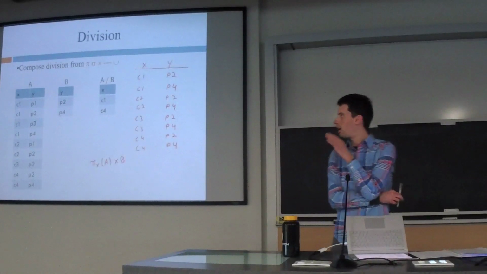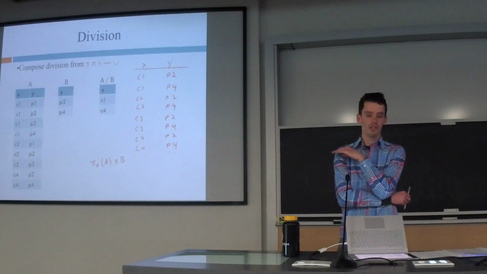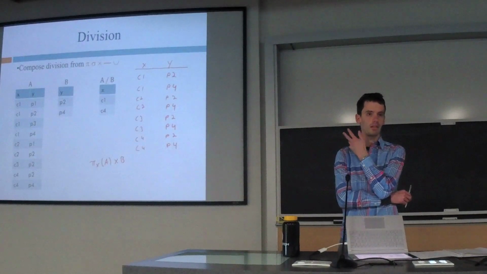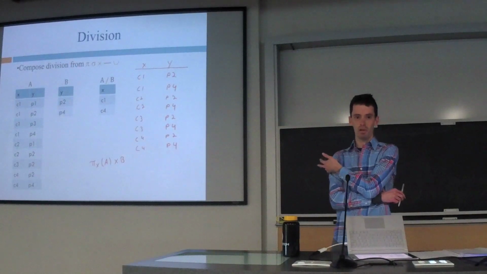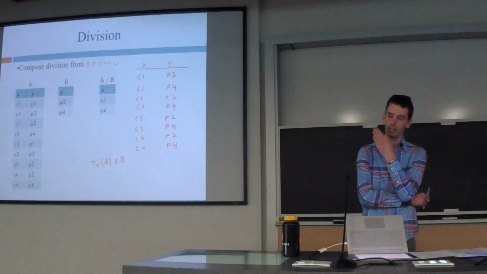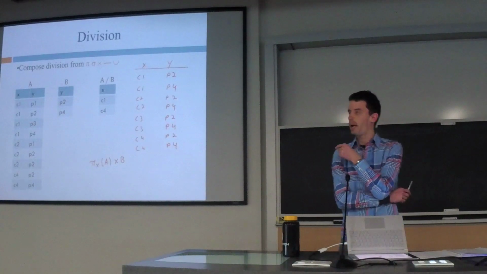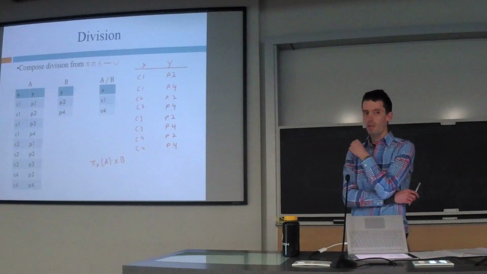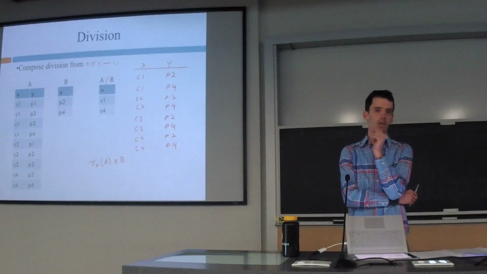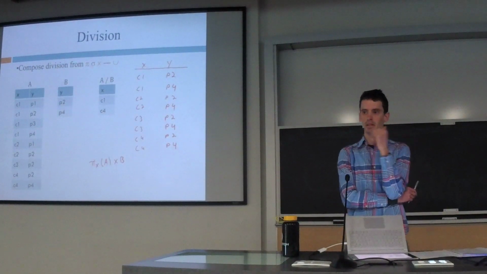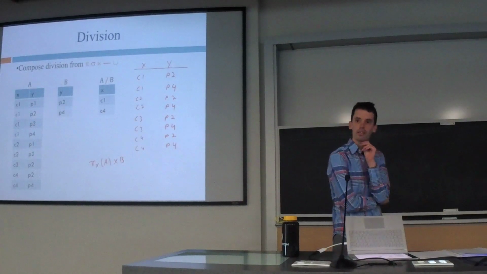Some of them are not real combinations, right? Some of these, the car doesn't actually use that part. But we can start with this, and we now have a schema that is compatible with the schema of A. So it's union compatible, so we can now start doing things like set difference.